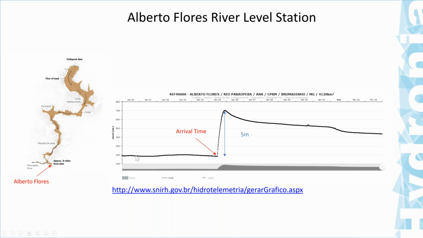As you can see here, this is the stage in the river, and at some point in time you start to get an increase in elevation of about 5 meters that was forced by the damming created with all the sediment coming from the tailings.